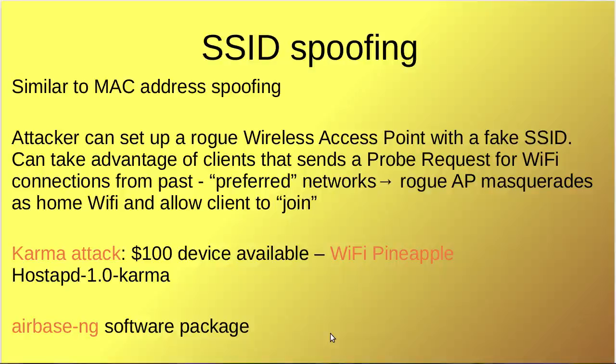This rogue access point can detect that probe request and say, sure, I'm your home access point, and allow your smartphone or your device to join. And to your smartphone, if you're not careful, it will look like it's joining your home network even though you're not anywhere near your home access point.